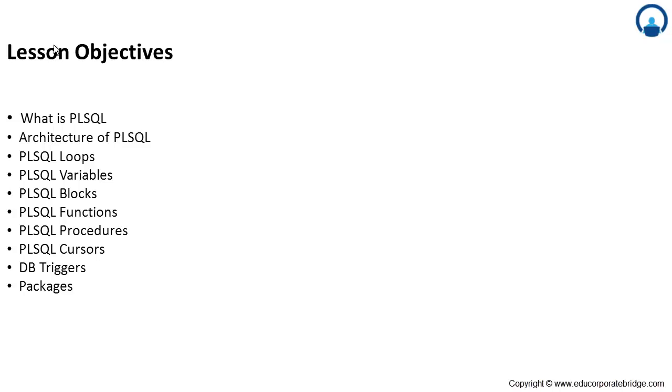The second last point is database triggers. This is one of the important topics of PL/SQL. Here we will introduce a program unit called a trigger, which is invoked whenever a certain condition occurs. Why a trigger is different from a function and procedure we will see in detail in the triggers topic, but just understand that a trigger is a program unit that gets invoked when a certain matching condition occurs in the database, that is, it is invoked by the system itself.